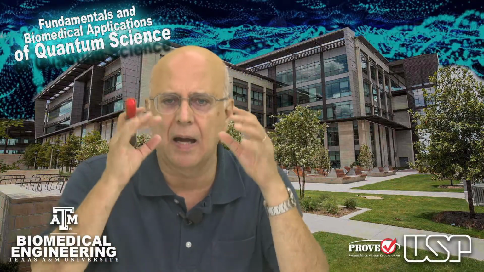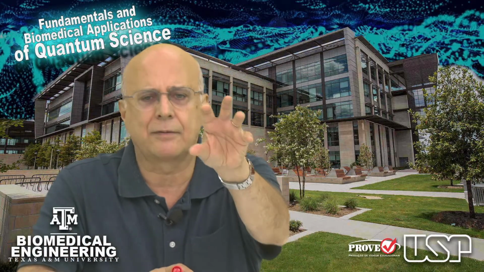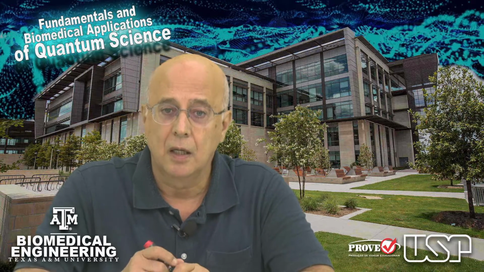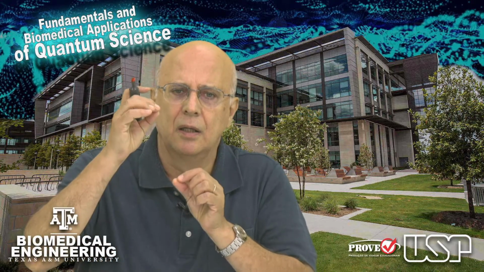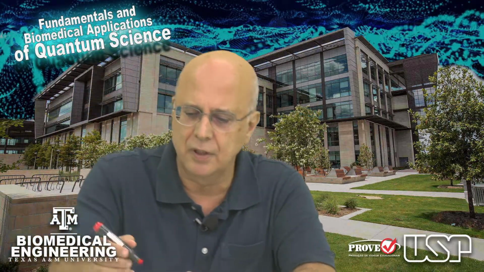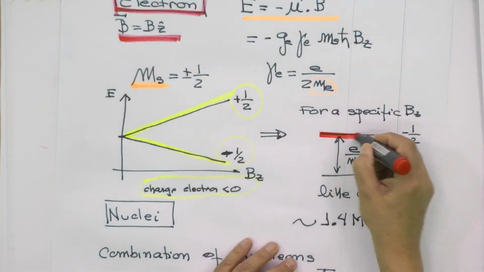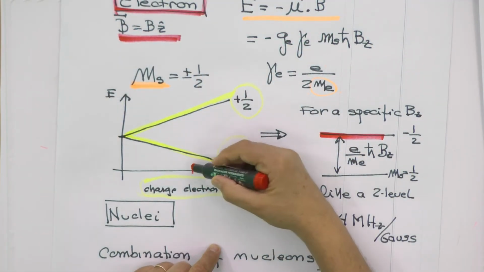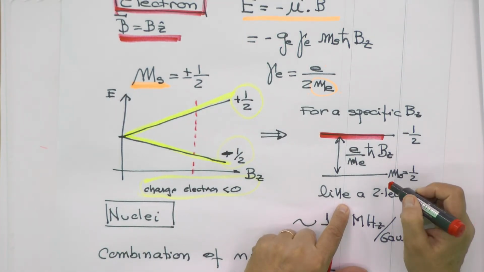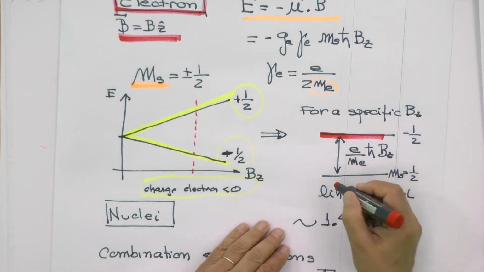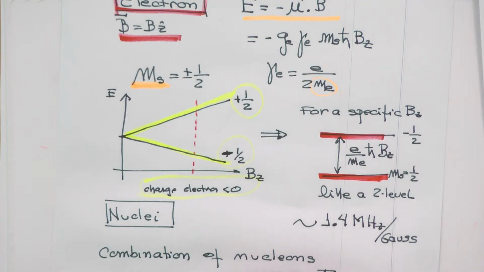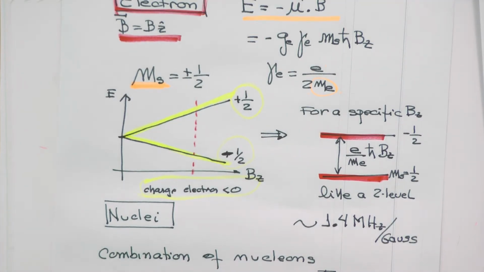So if I have an electron there in my system, and I apply a magnetic field Bz, it turns out that the energy of the electron, due to the interaction with this magnetic field, splits in 2. Right? I'm taking any position of the magnetic field here, a finite field Bz, and what has happened is I have split the system for this magnetic field in 2 components, plus or minus.